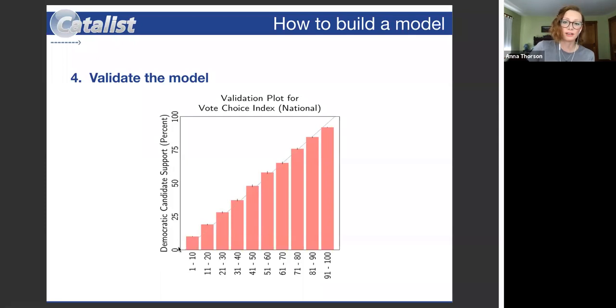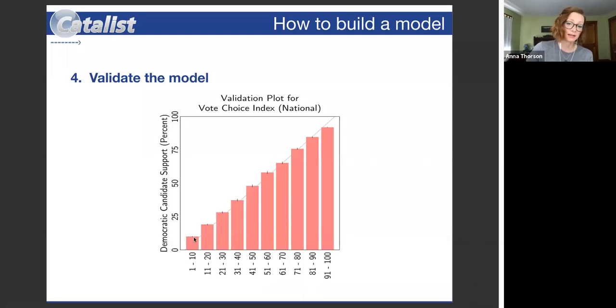So what you're looking for with a validation plot like this is you want to see people who we gave scores in our test set from 1 to 10. And remember, this is probabilistic, so we think that means like 1 to 10% likely. In reality, what is their actual Democratic candidate support? And we see that it's about 10.